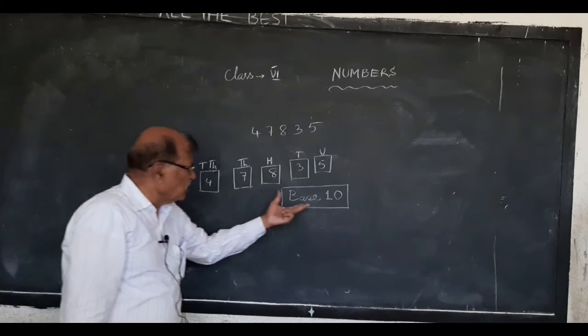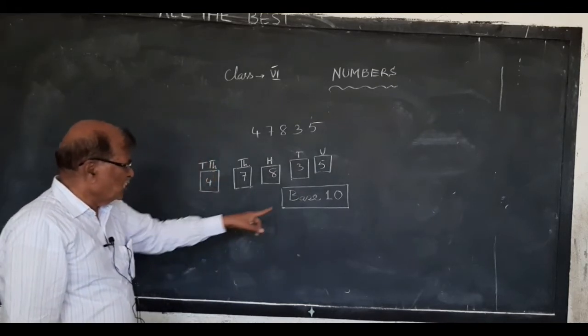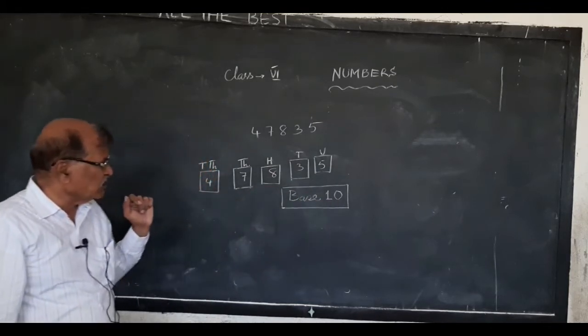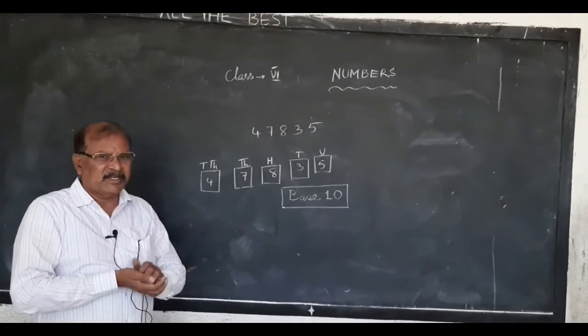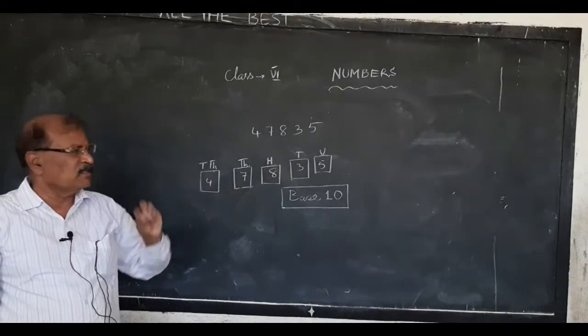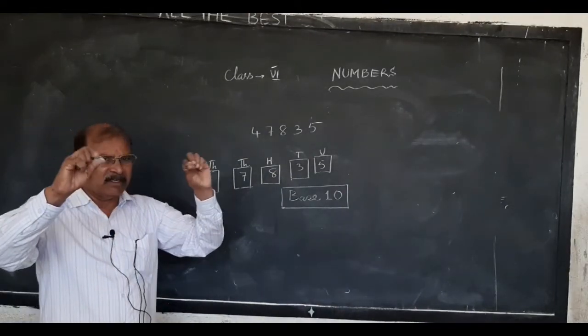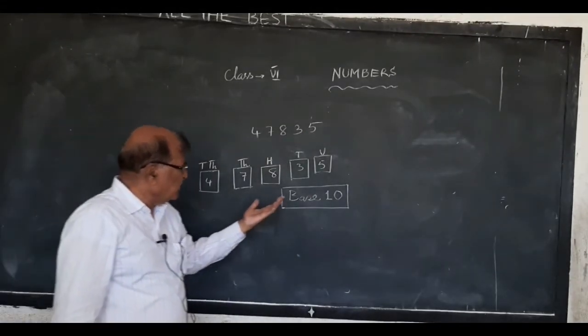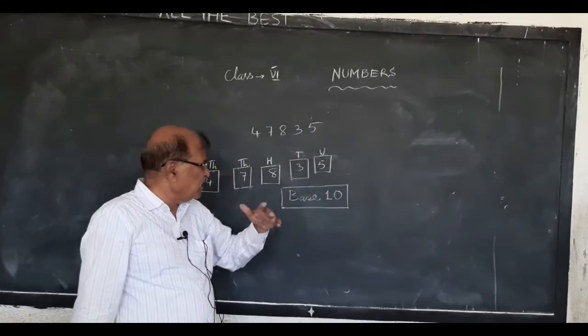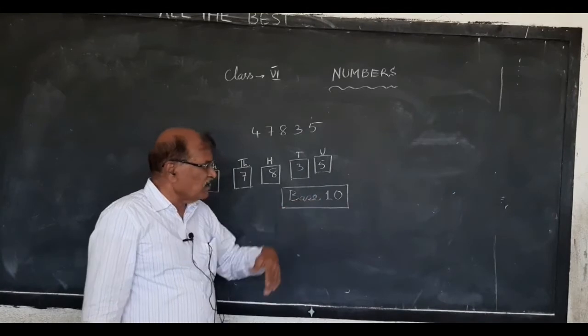It is more convenient to take 10 as a unit because we have 5 fingers in the right hand and 5 fingers in the left hand. When you count, you are getting 10. So most probably the mathematicians or the primitive man in the olden days might have taken base 10.